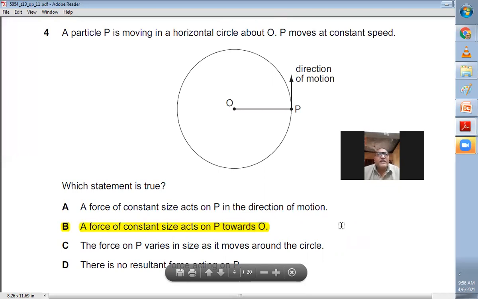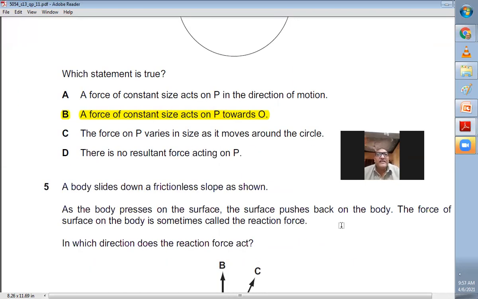The force on P varies in size as it moves around the circle. Now, there is no resultant force acting on P. That is also wrong. There is a force acting on the object P when it's moving in a circle, and the direction of that force is always towards the center of the circle in which the body is moving. So the force of constant size acts on P towards O. That is the right answer. For question number 4, B is the answer.